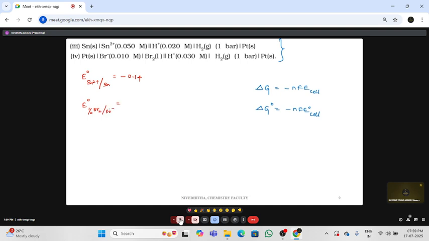It is tin. So these are all the values you need to calculate the E naught cell. Could you solve this problem? Is it possible for you to do it as an activity?